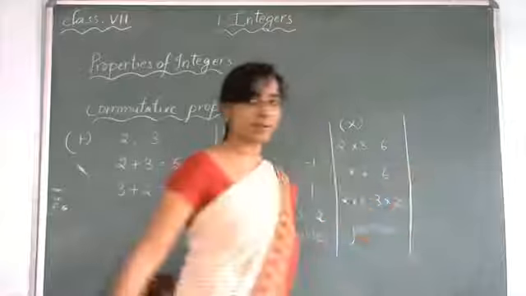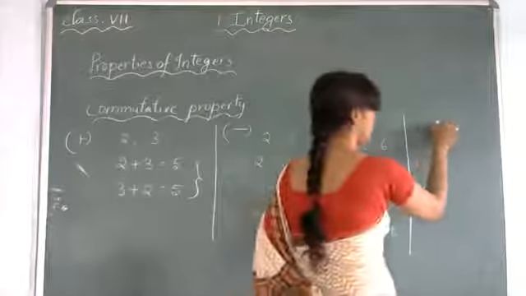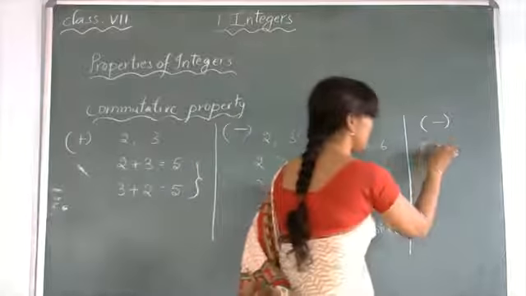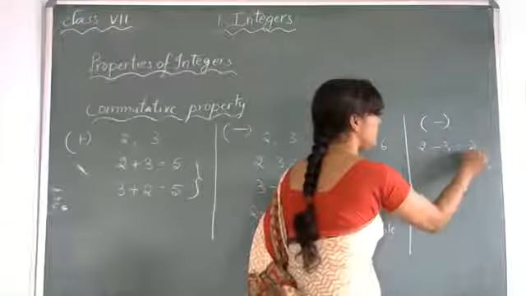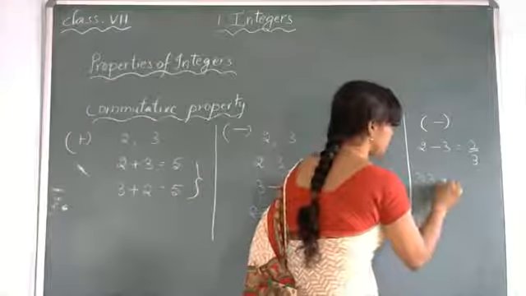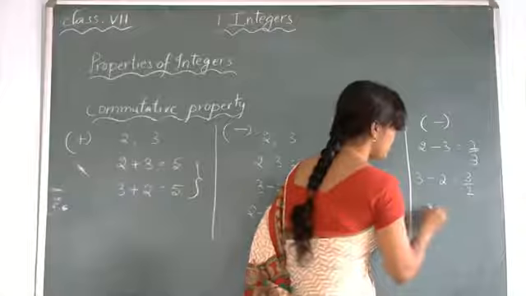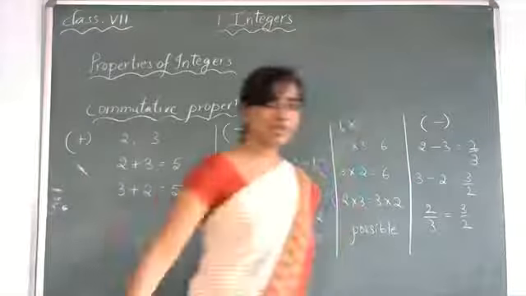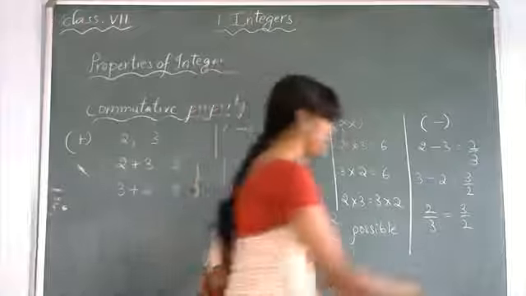Let me check division also. 2 divided by 3 gives 2 by 3. 3 divided by 2 gives 3 by 2. Are 2 by 3 and 3 by 2 equal? No, not equal.